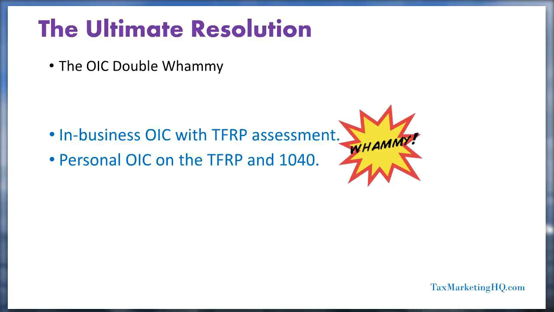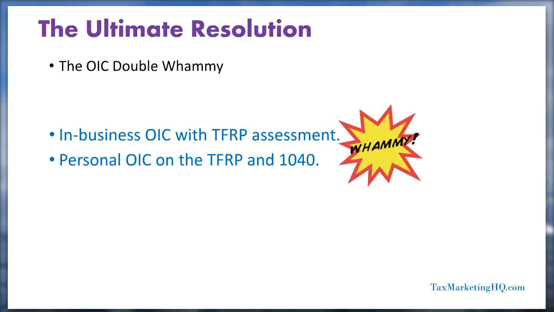This is pretty much the ultimate tax resolution situation where you can help your client to basically completely start over in the eyes of the IRS on both the business side and the individual side.